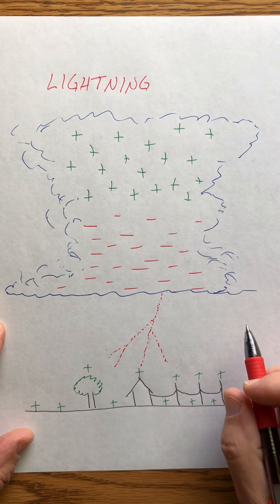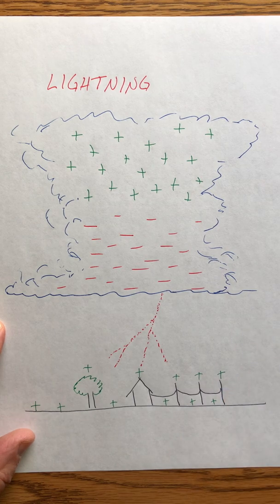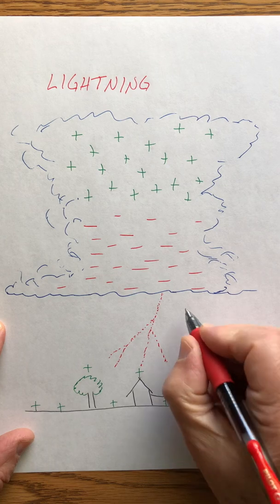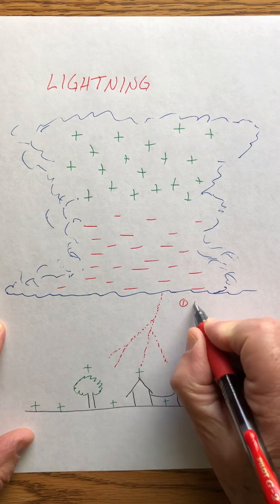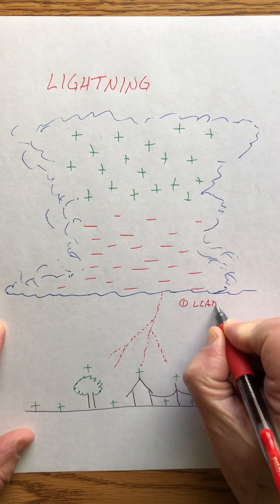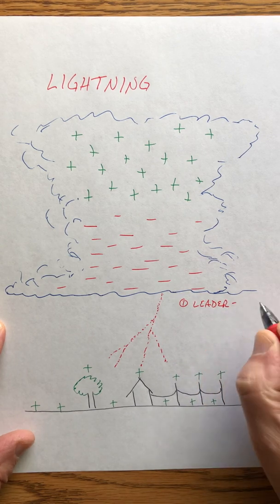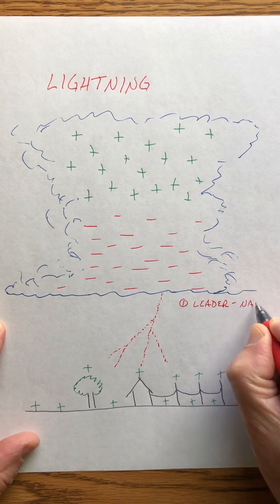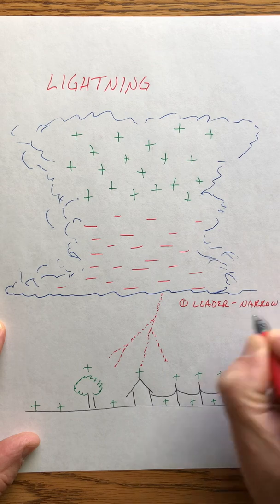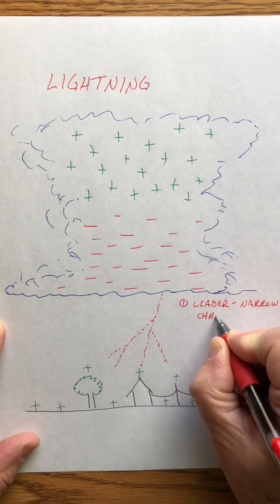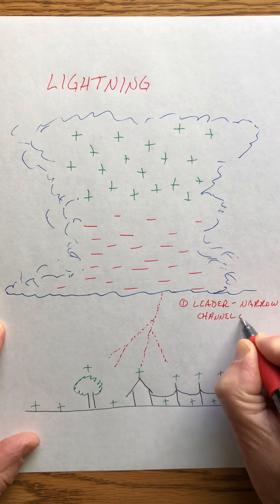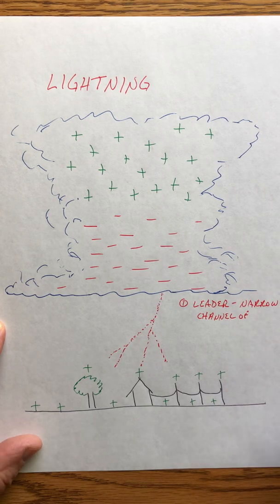the negative charges, the negative ions in the bottom half of the cloud, will start to surge towards the surface, and we call this a leader. And a leader is a narrow channel of negatively charged ions.